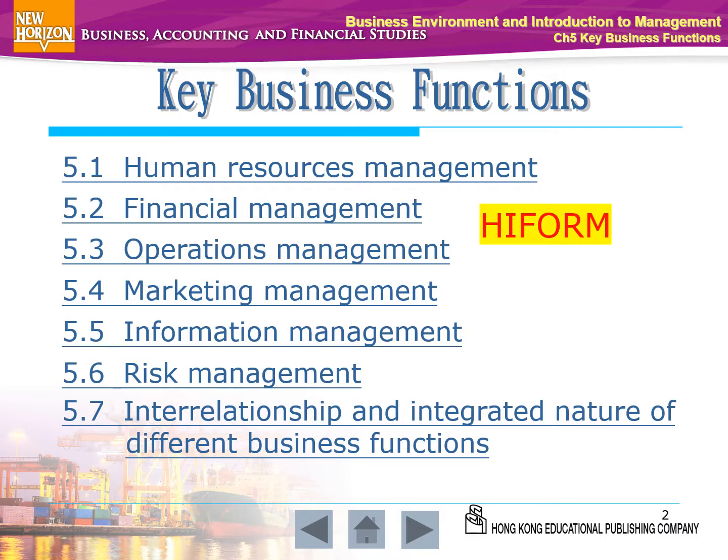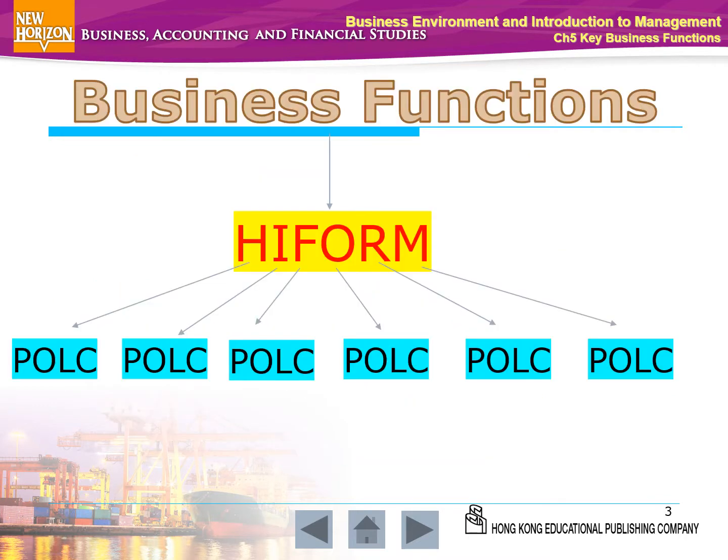We should know these functions have interrelationship. They are not separated and isolated from each other, and there should be an integrated nature of different business functions. Okay, this PowerPoint shows the relationship between what you have learned, the management functions, which are printed in blue, POLC.